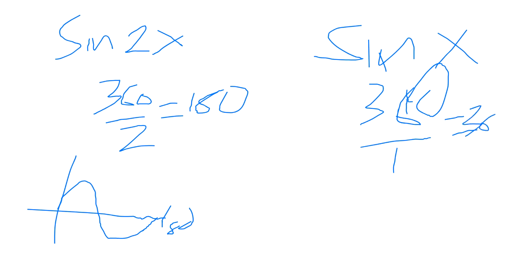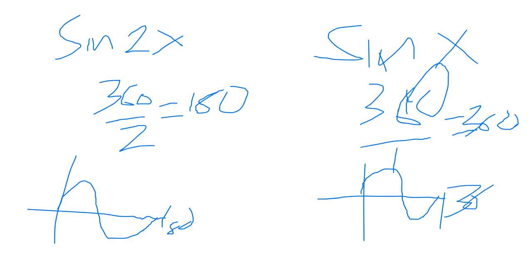So if I draw my graph, when I start from 0, I must come back here at 360. But as I told you initially, we are going to work more in radians.